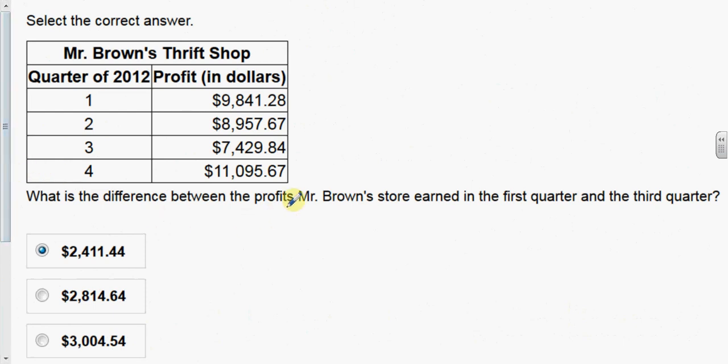What's the difference between the profits Mr. Brown's store earned in the first quarter and the third quarter? So we take the first and the third quarter and we subtract.